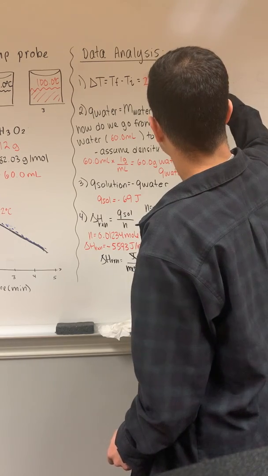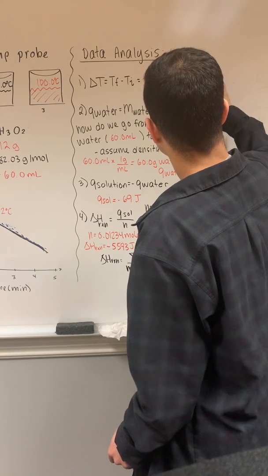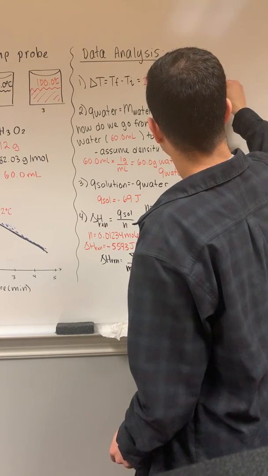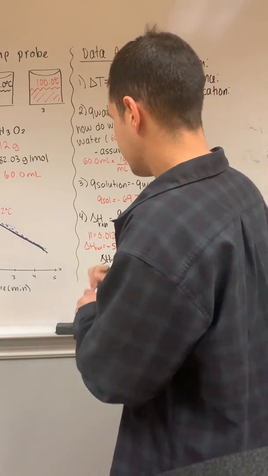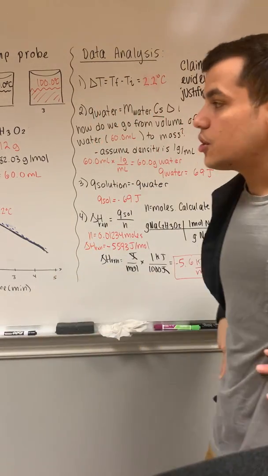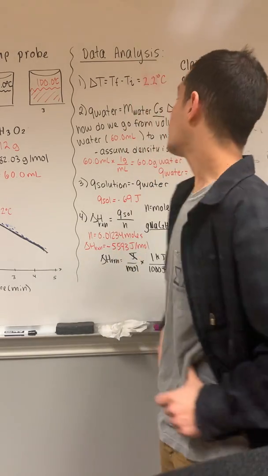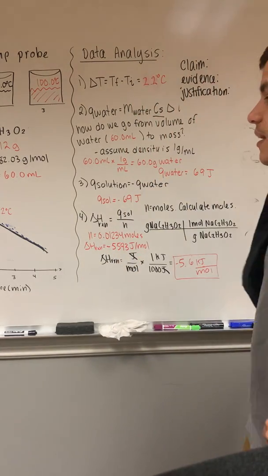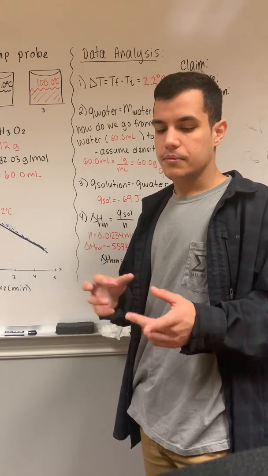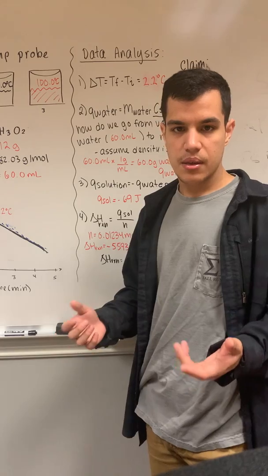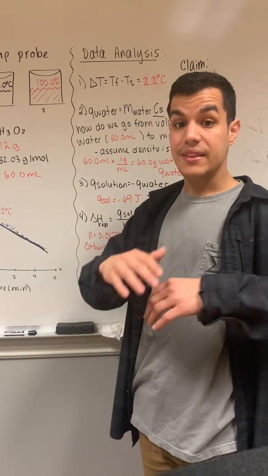Claim, evidence, and justification. My claim here is that the dissolution of anhydrous sodium acetate in water was exothermic. My evidence is that I can just say that the temperature changed positively, meaning that the final temperature was higher than my initial temperature, meaning that it got warmer.